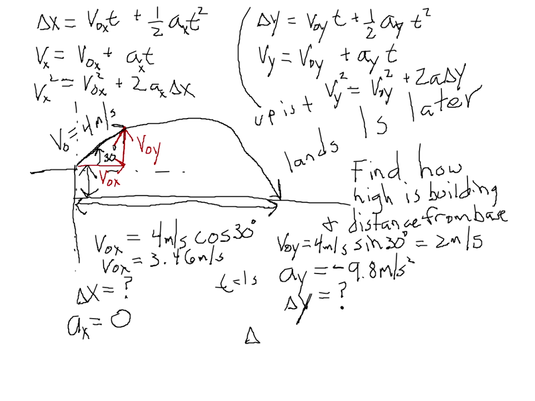So delta y equals v0y, we found that to be 2 meters per second. t is given as 1 second. Okay, plus 1/2 ay. Well, ay is a negative 9.8 meters per second squared.